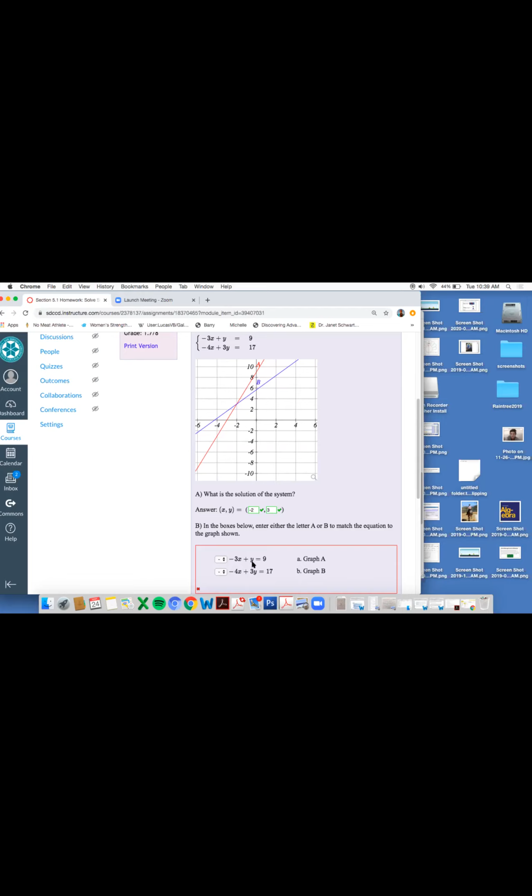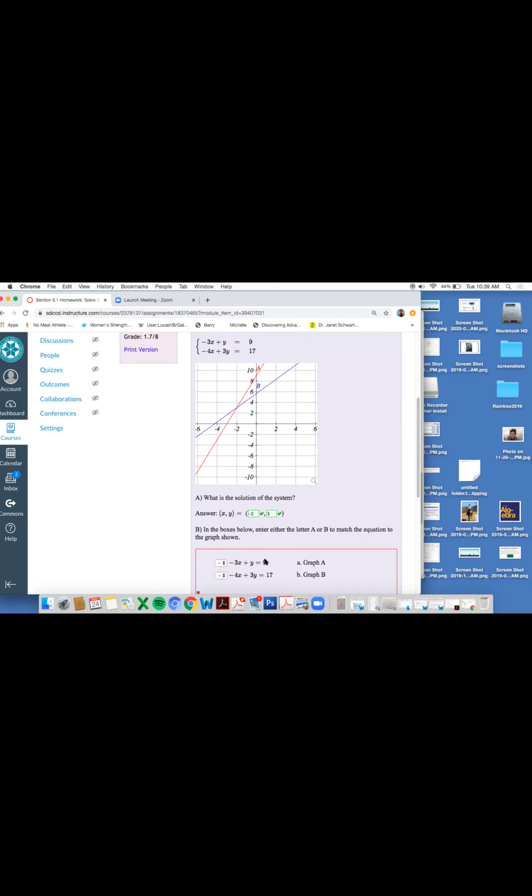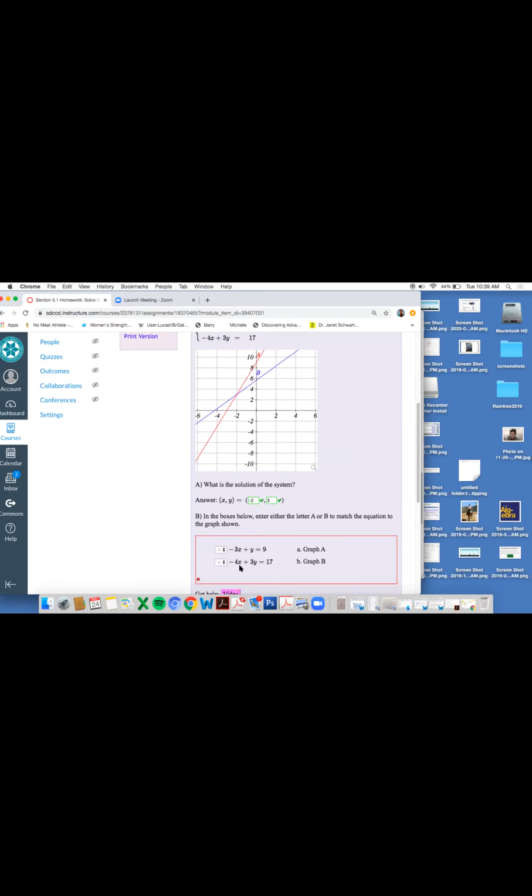So let's see, how can I tell that? I could probably tell by using the intercepts, right? For the first equation, if I set X to 0, I'm going to get Y is 9, right? So that seems to correspond to the red line.